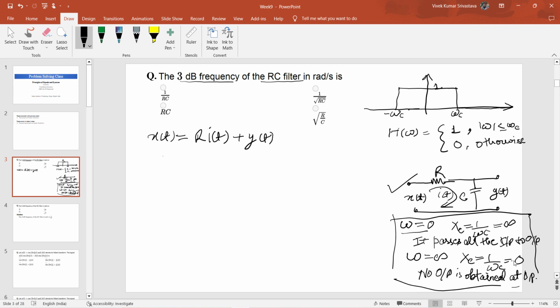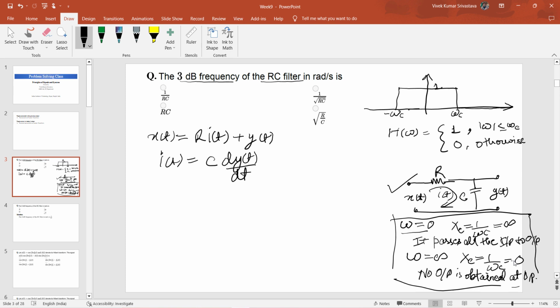Now i of t we can also define as C dy(t) by dt, because we know that the current and voltage relation of the capacitor is written as i equals C dy(t) by dt, because here y(t) is nothing but the voltage across the capacitor and the current is flowing through the capacitor.